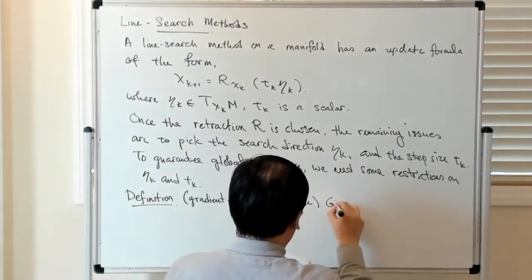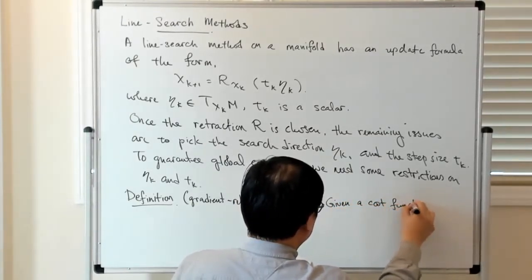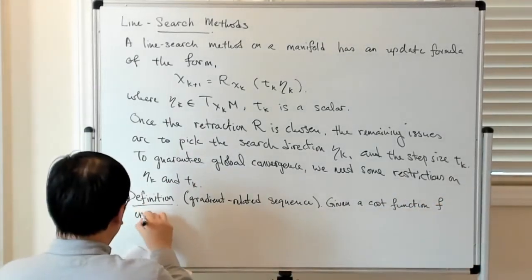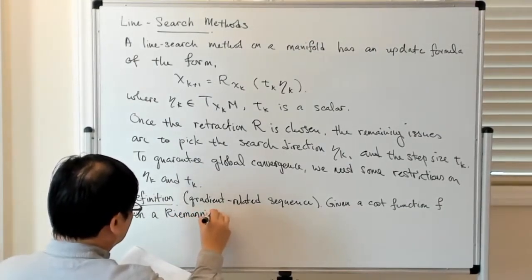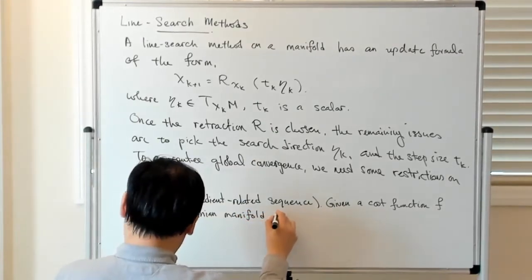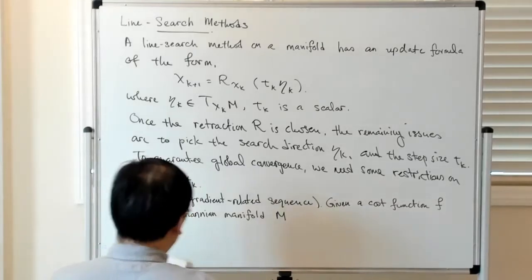So if you're given a cost function, let's say f, on a Riemannian manifold, and if you recall, the reason why we need the Riemannian manifold structure is to even talk about things like gradients.